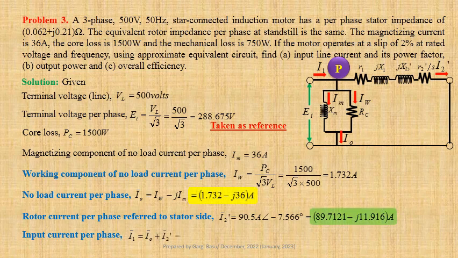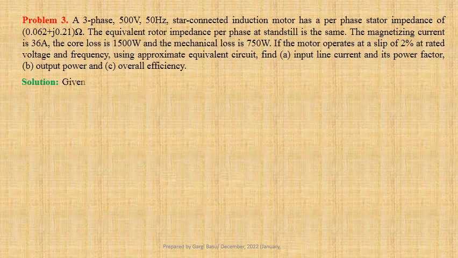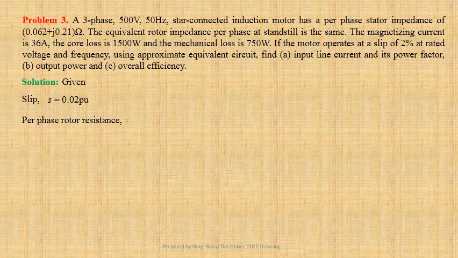Using values, we get 91.4441 minus j times 47.916 ampere. This may be written in polar form as 103.2374 ampere at an angle minus 27.6542 degree.